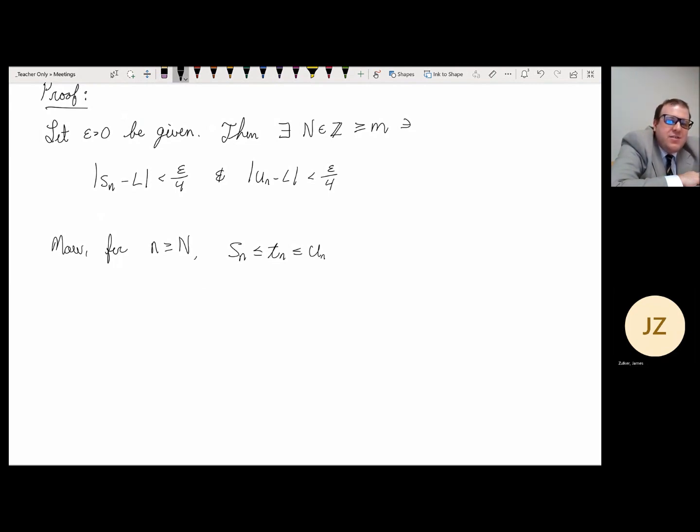So we know that S_n is less than or equal to T_n less than or equal to U_n. So T_n minus S_n is less than or equal to U_n minus S_n.